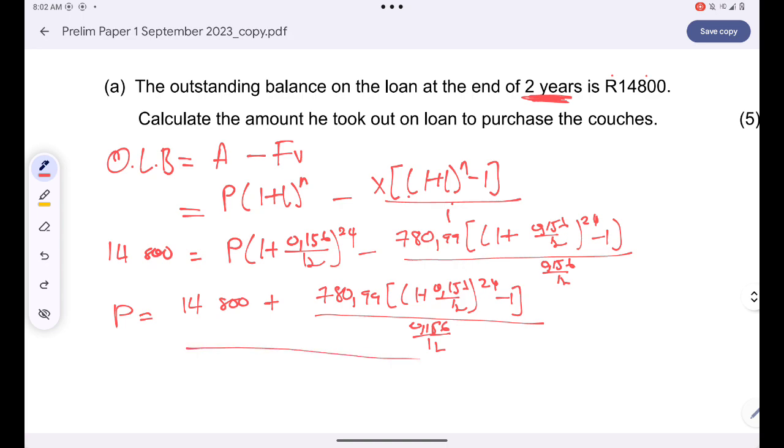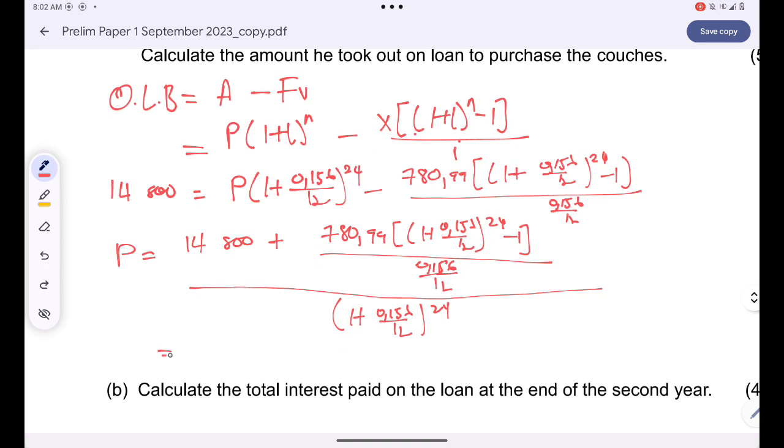This entire thing will be divided by (1 + 0.156/12)^24, and then this will give us the actual value of the loan.